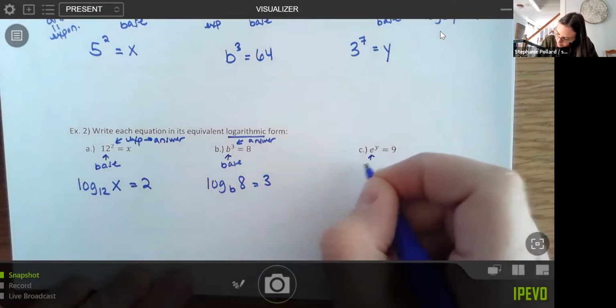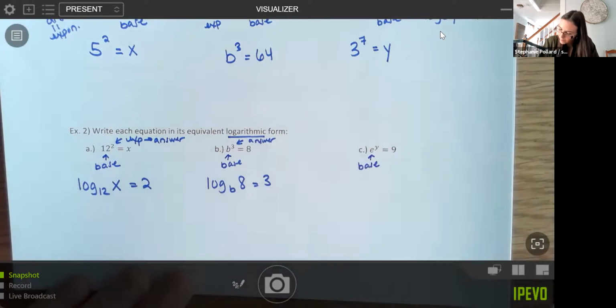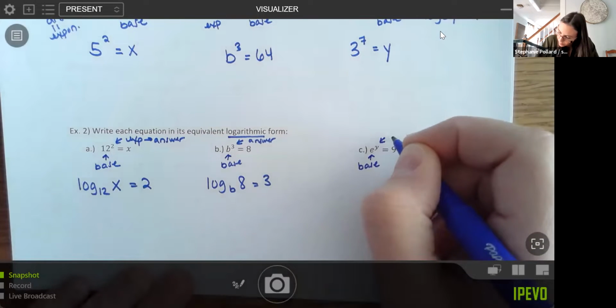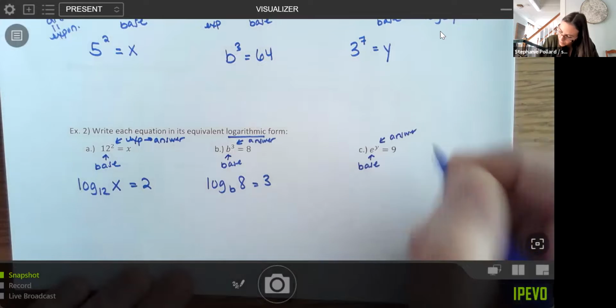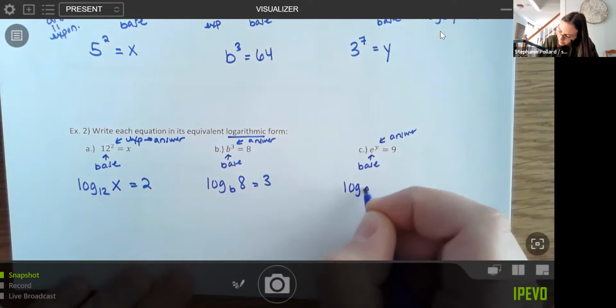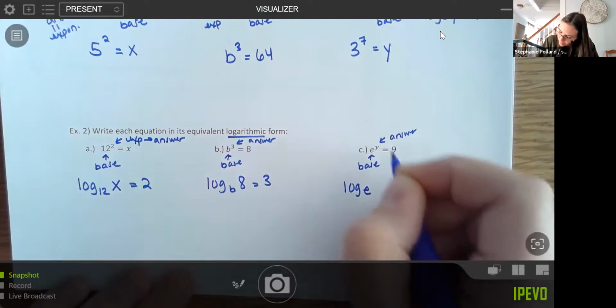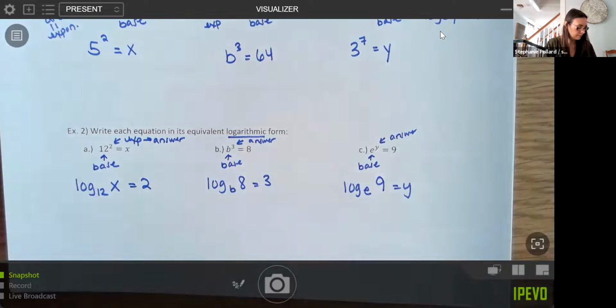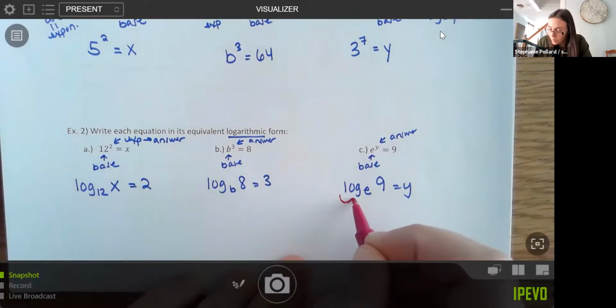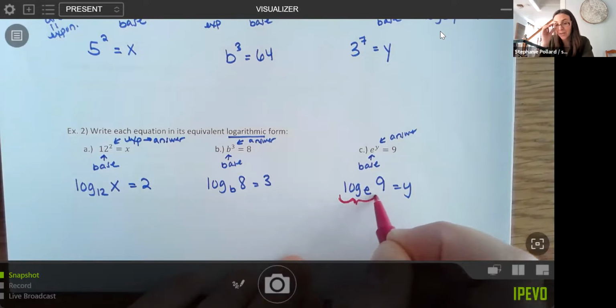Here is my base. Here is going to be my exponent, so it's going to be my answer here. So I have log base e equals y, and then the other value gets filled in. Now, we are going to see in a minute, I haven't gotten there just yet, that log base e is a special kind of log.